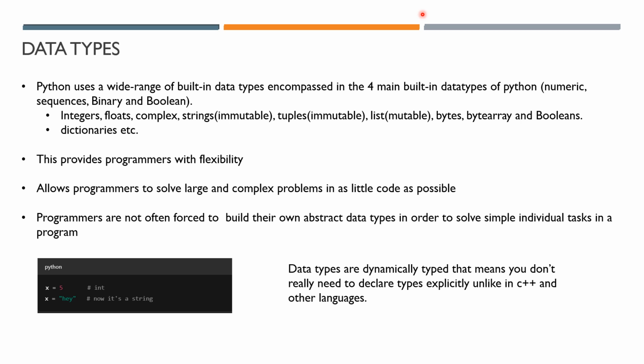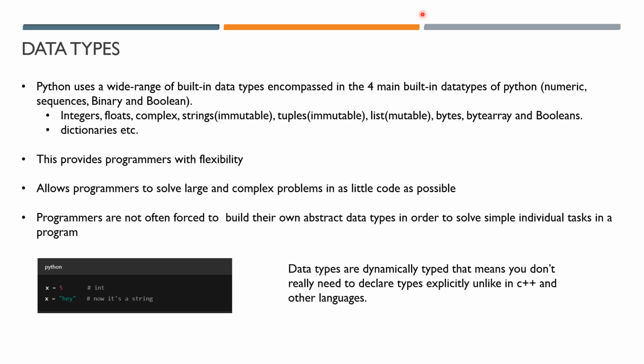And then for the sequences, it's a list of ordered components or items. An example of the sequences could be strings, and lists are normally in square braces. Tuples are also types of sequences.